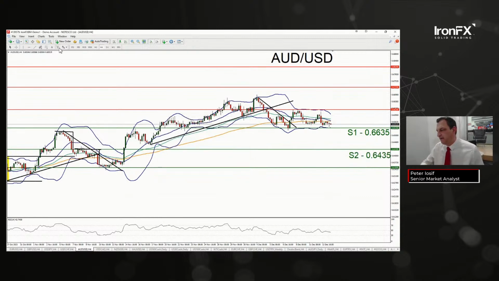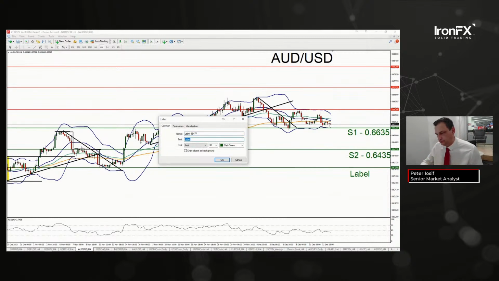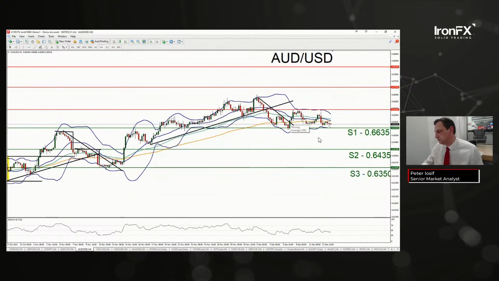And finally, we have, as the ultimate bearish scenario for now, the S3, which is the 0.6350. 0.6350 was the level which provided substantial support here. It was beautiful.